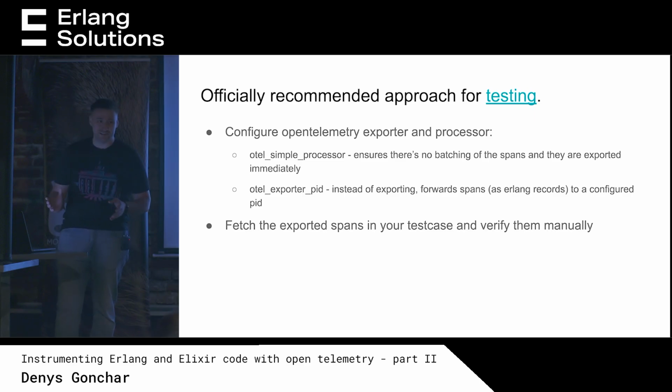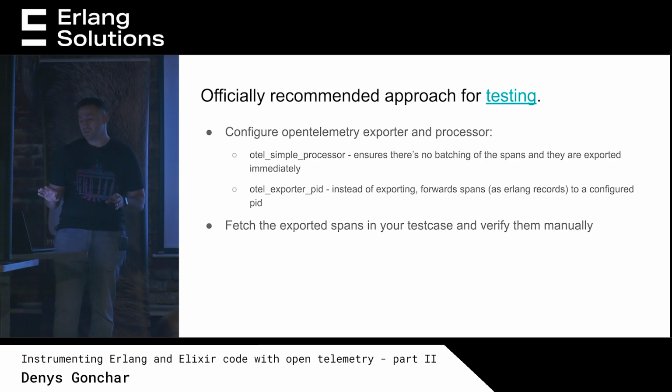A simple processor ensures that everything fires right away, and there are no delays. And also, there is a SYN. It is a part of the OpenTelemetry standard. So it's called an exporter in technically every framework for every language. So that is a term from the standard.